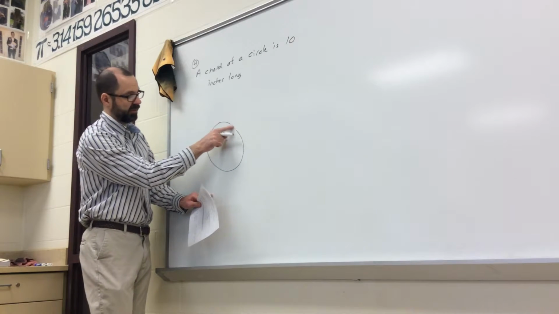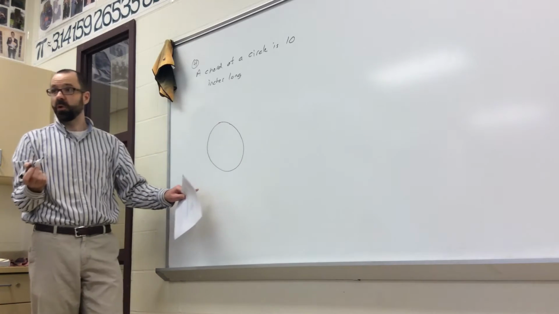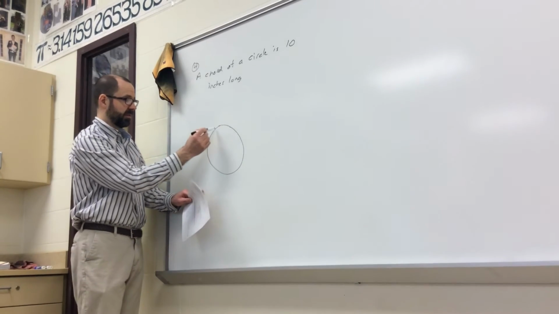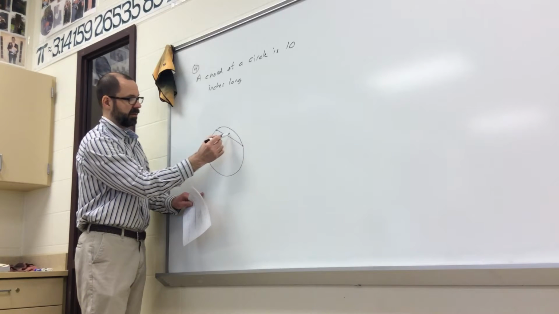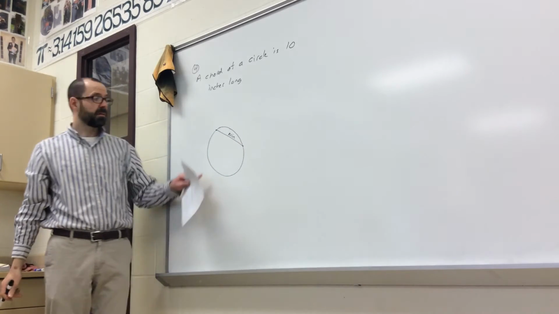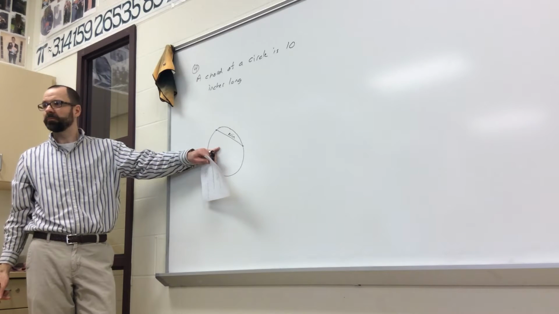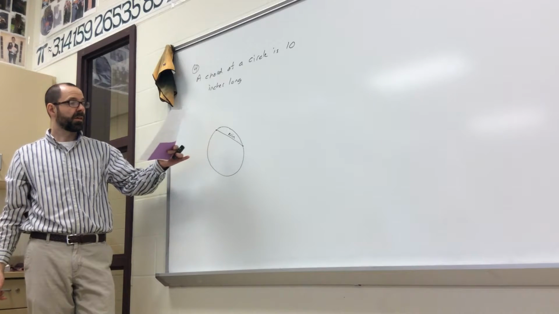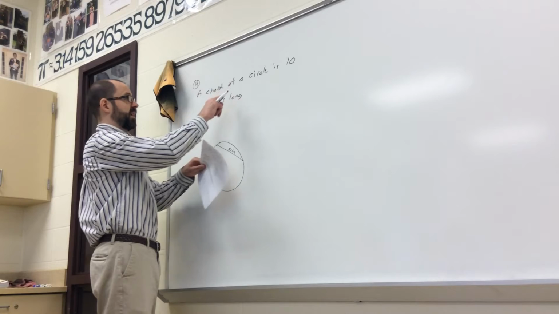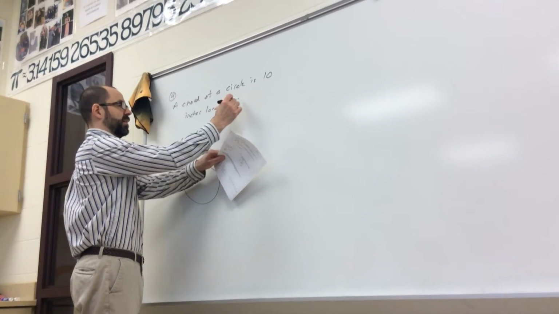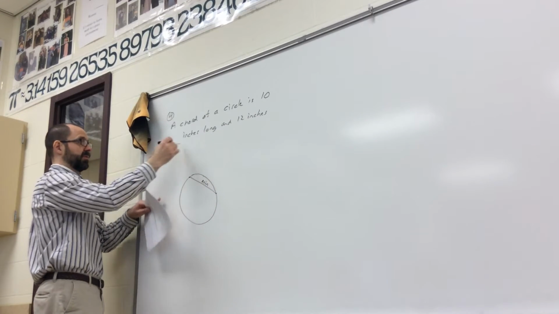Sorry, I got a little lopsided over here. Do the best you can. So there's a chord that's 10 inches long. I guess I'll put it here. And then it also says the chord is 10 inches long and 12 inches from the center of the circle.